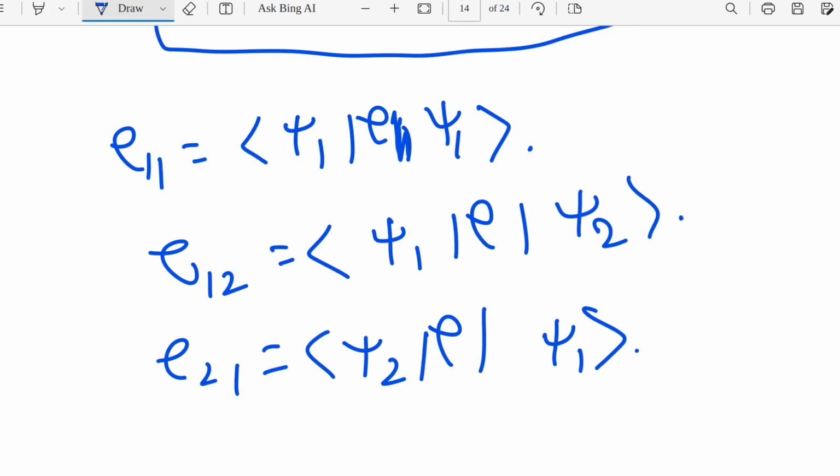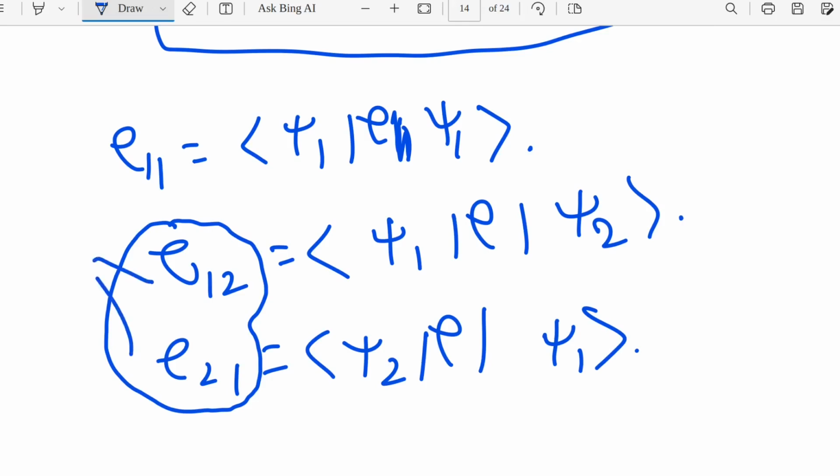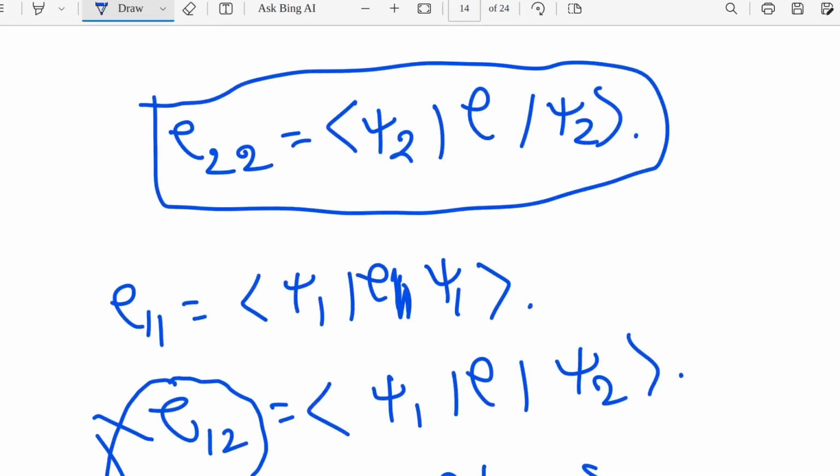Then I just want to tell you one thing, it can be your homework, that you have to tell me what will be the value of rho 12 and rho 21. Is it equal or is it not equal? And what will be the value of each and every term? So it can be a homework like thing. But now we are focusing on the rho 22 value.